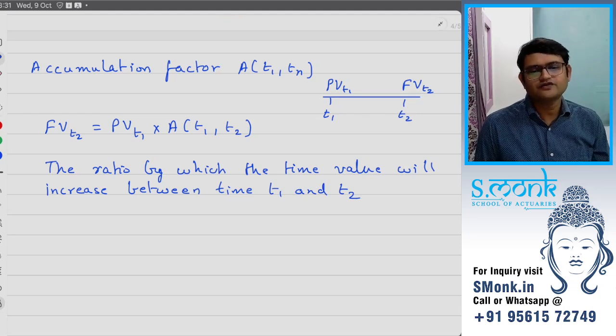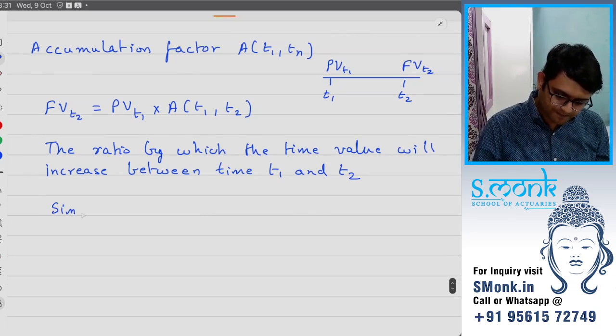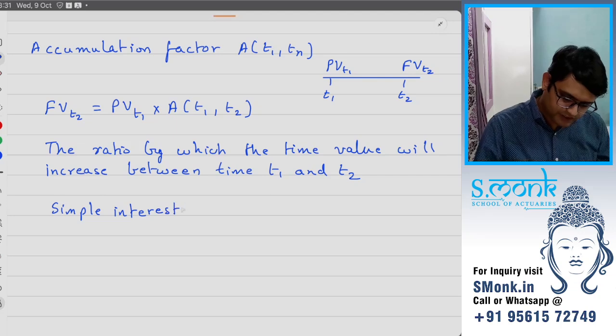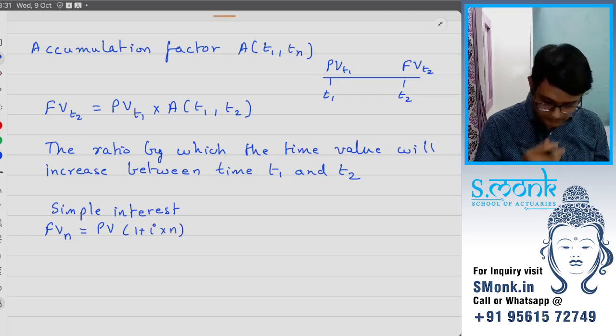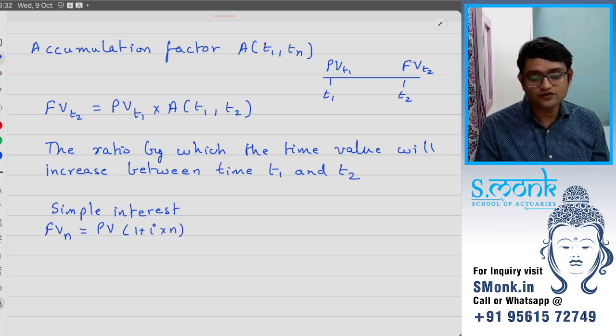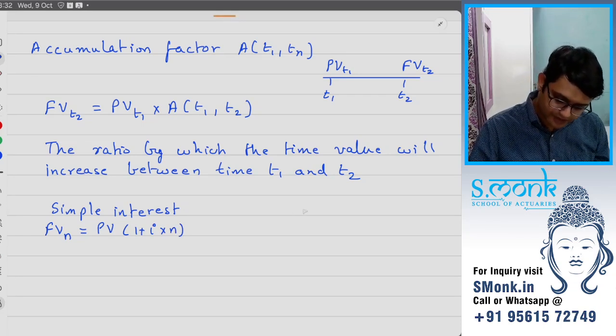Okay, the ratio by which the time value will increase between time t1 and t2, that will be called the accumulation factor. So for simple interest, we'll say future value at time n will be equal to present value at time 0 into 1 plus i into n. You can write t if you want to, but this is the basic notation that we will use.